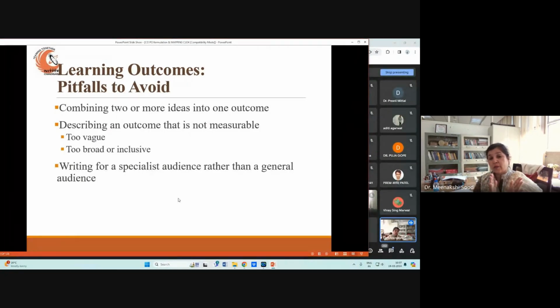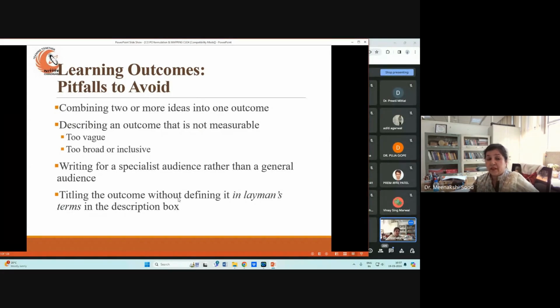So the course outcome for applied physics 1, 2 should be tailored to the audience: the student coming after class 10th, the student coming after class 12th, and the student coming after undergraduate. It should be specific for that particular audience. It's not that since it is physics, everyone should get the same thing, right? So you have to take care of these things when you are writing the course outcomes.